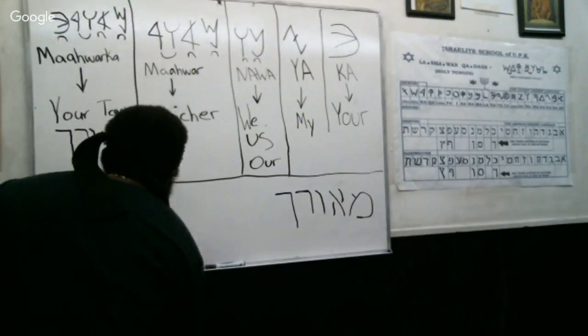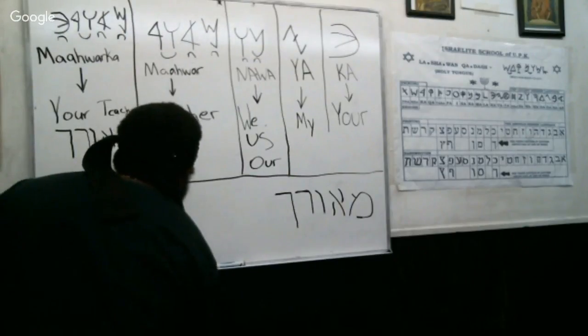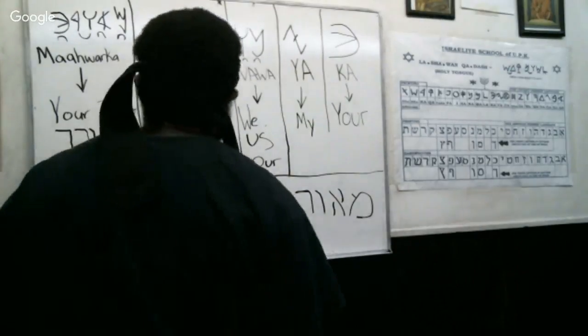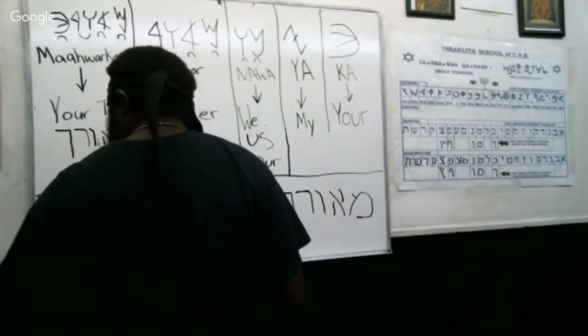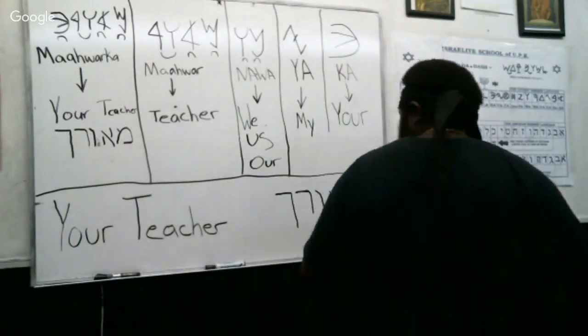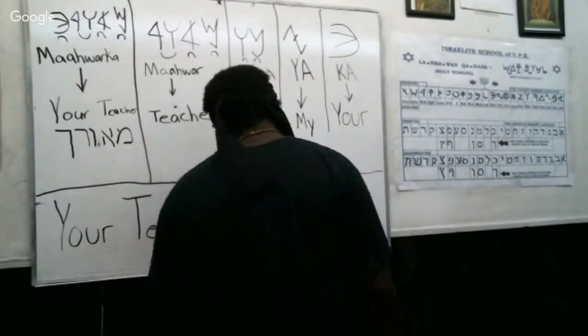They're suffixes. They go at the end of a word. Meaning, he's got Ma'awarka, your teacher. Now, he can have Ma'awaranawa, our teacher. Or you might see a sentence where it says Nawa Ma'awar.